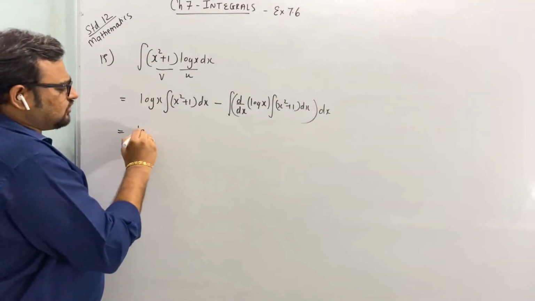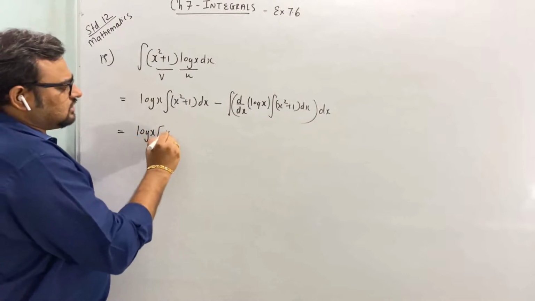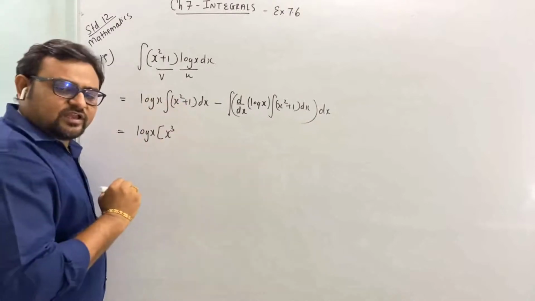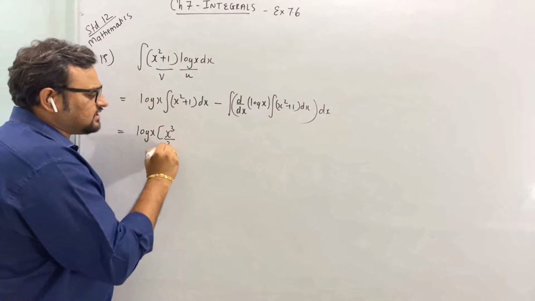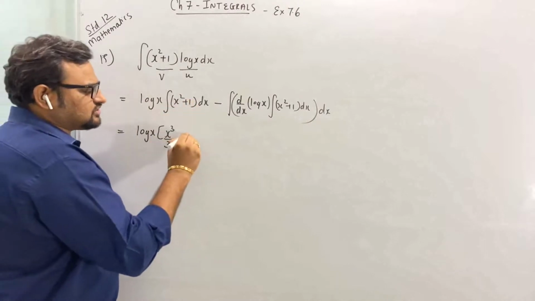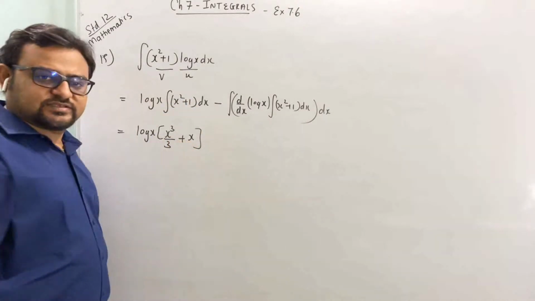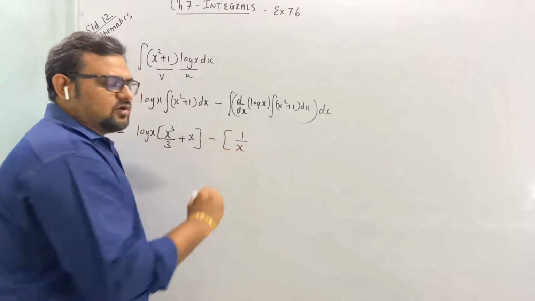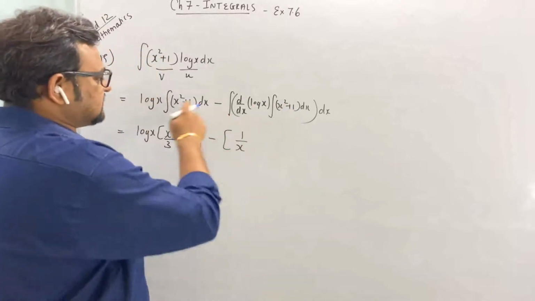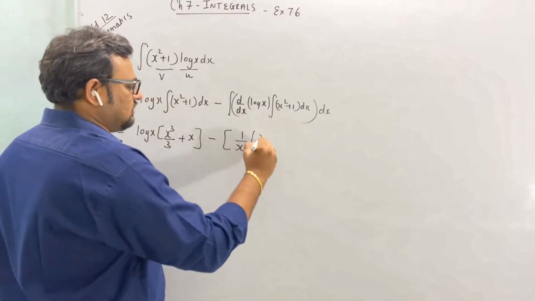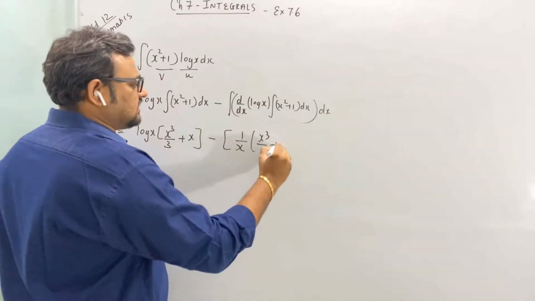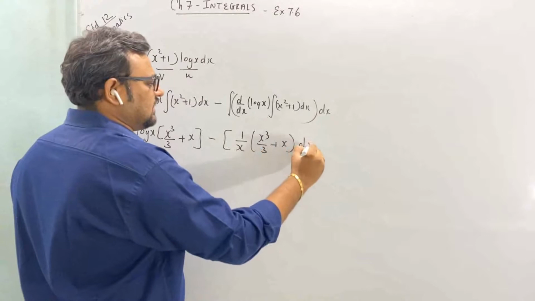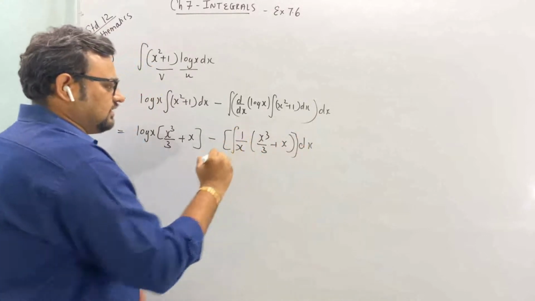Okay, so this will be equal to log x into integration of x square, x raised to 3 by 3, integration of 1, x, minus d by dx of log x, 1 by x, and this is the same, so it will be x cube by 3 plus x dx.